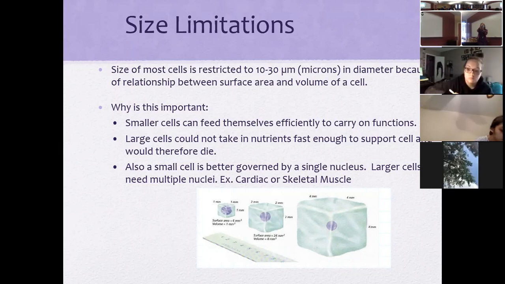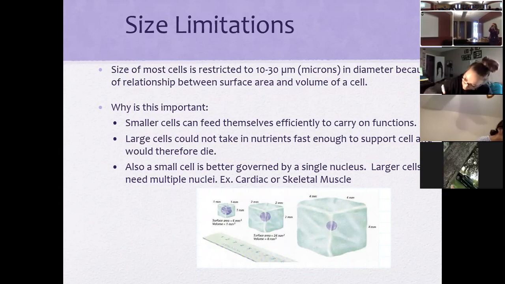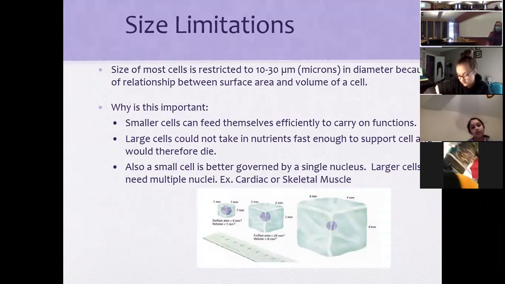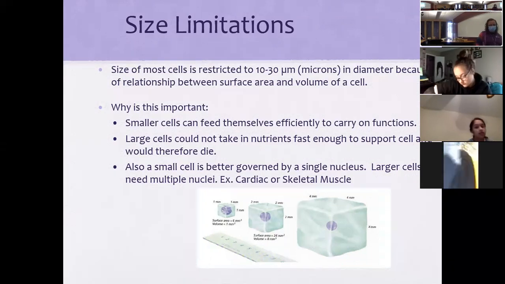Otherwise, if we have some cells that are contracting and other cells that are like, I don't want to right now, we end up with a heart that is not pumping coordinated. We end up with something that looks like this. That is not a good thing for the heart to be doing. So that's just an example of how these multi-nuclei, nucleuses? No, it's nuclei. Thank you. I was like, that doesn't sound right. Nuclei are going to help coordinate the function of these cells.